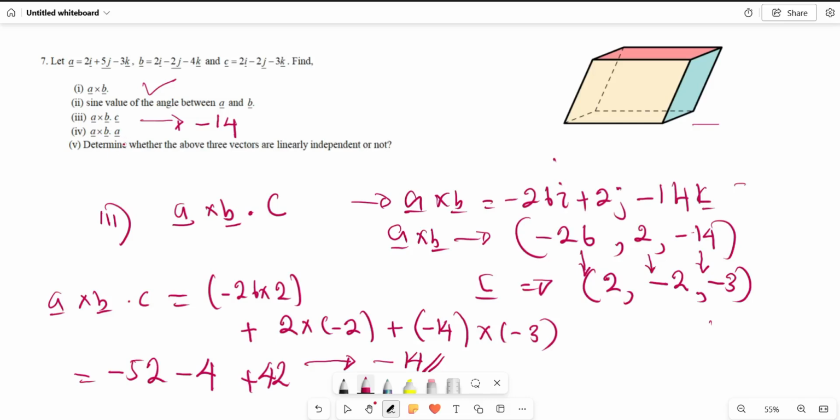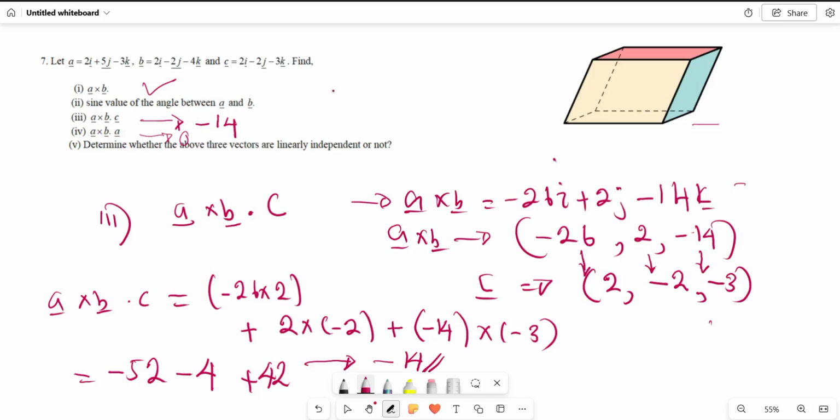So we don't actually need to calculate, because A cross B is perpendicular to vector A, and A cross B is also perpendicular to vector B. If we calculate, we also get the answer as 0, but we'll calculate it anyway. Conceptually, the A and B cross product is a new vector perpendicular to both A and B. Taking its dot product with A, the result should be 0. That is the conceptual way.